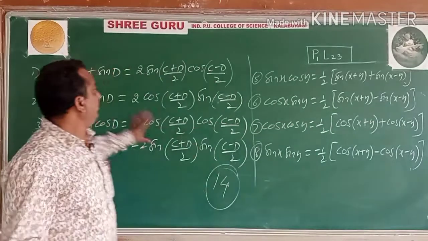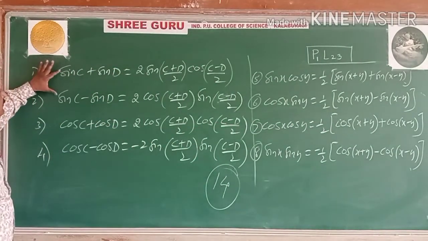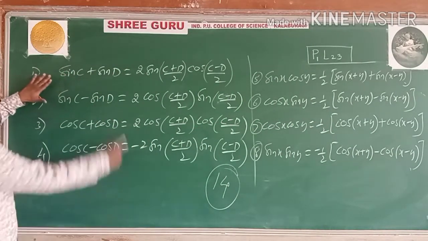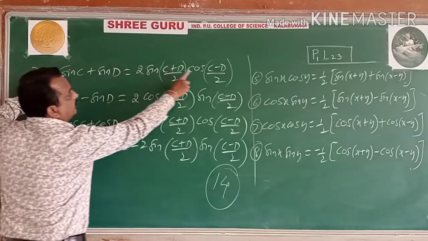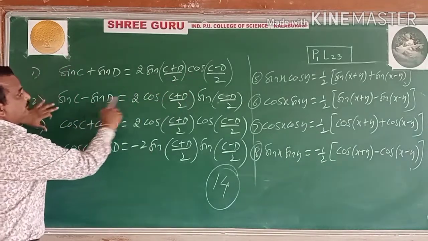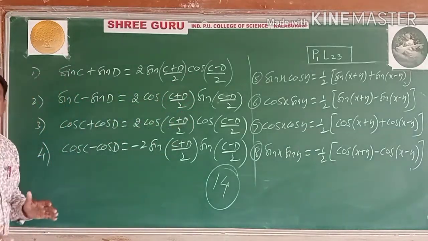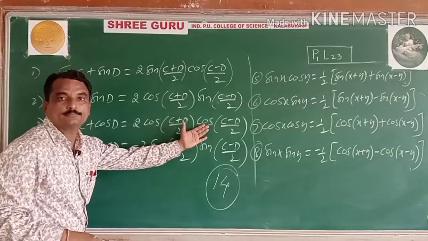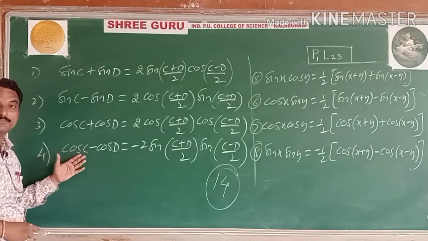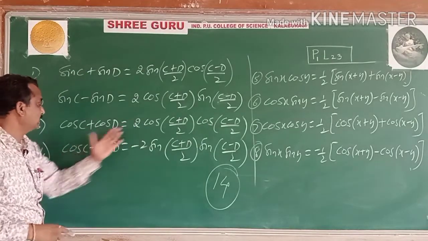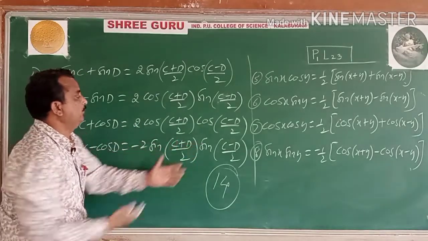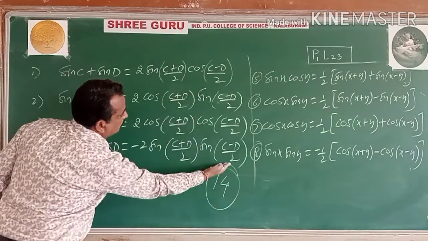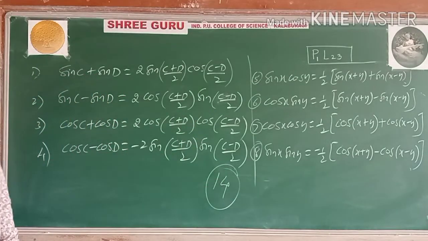See how to remember here. Sin c plus sin d, sin c minus sin d: sum and difference. Sum, first sin then cos. Difference, first cos then sin. You may remember like that. Cos c plus cos d, both cos. Cos c minus cos d, both sin. In the first one c plus d by 2, in the second one c minus d by 2.